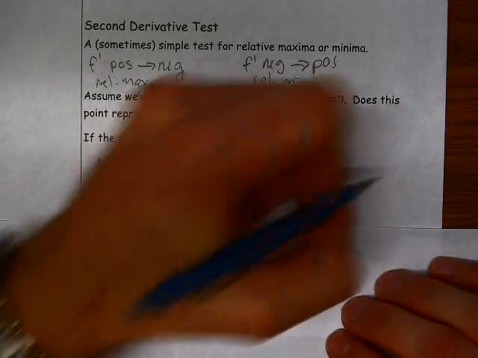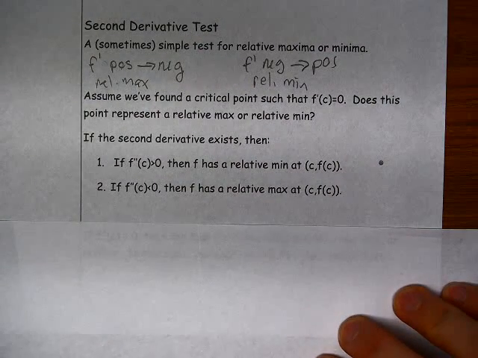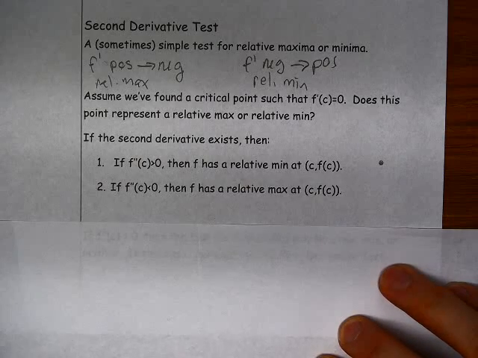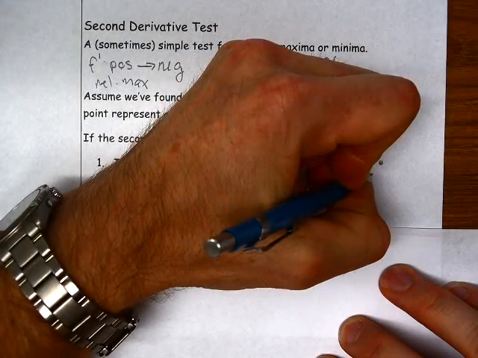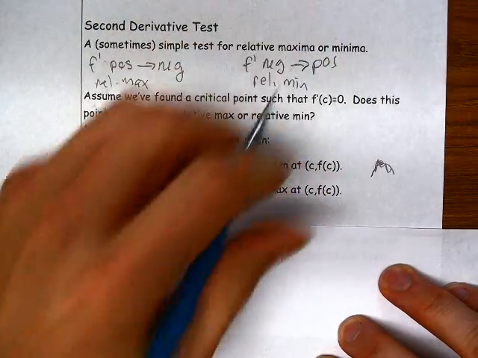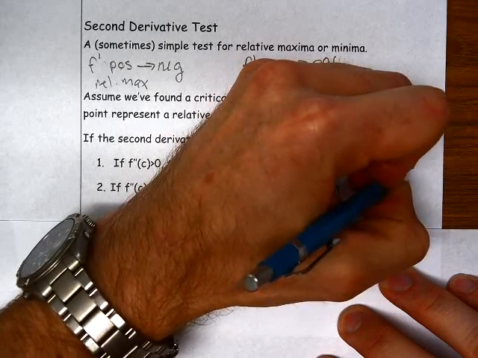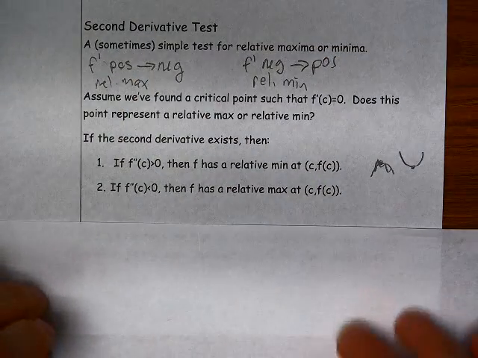And we can think about that in this way. If I have a point with a critical value, and I have a positive second derivative at that place, then at that point the function has to look like that.